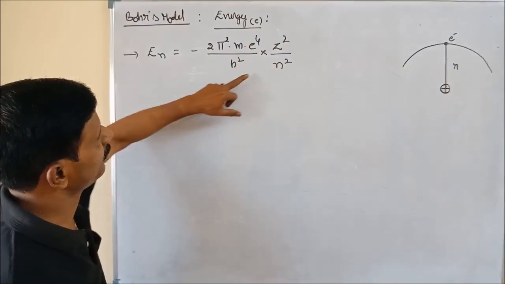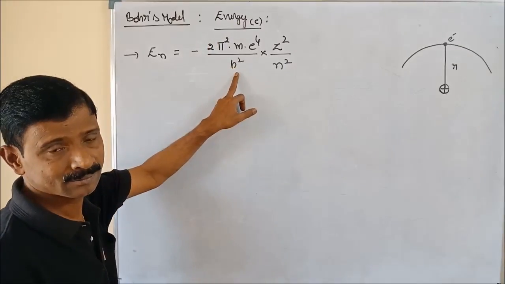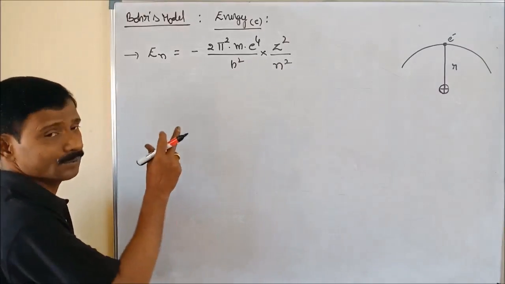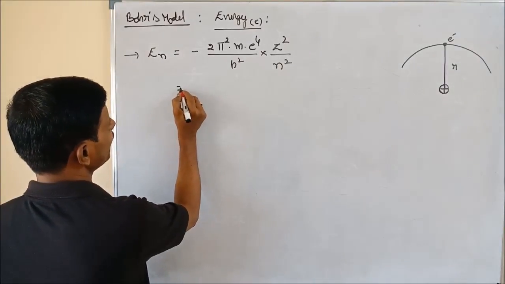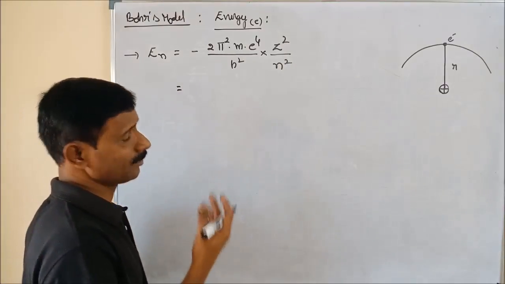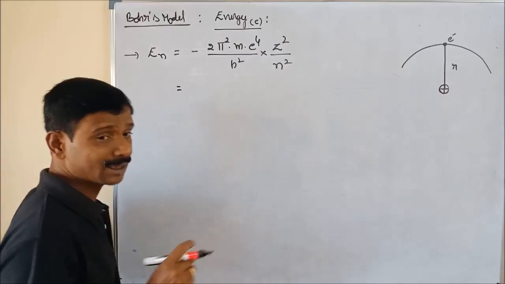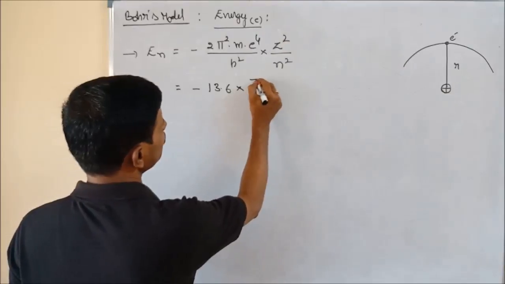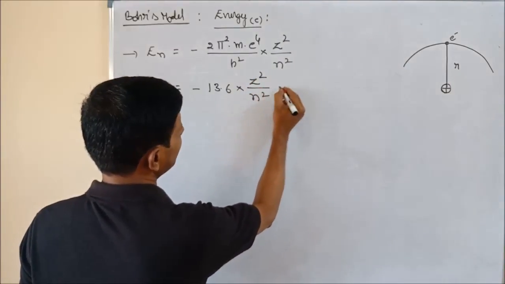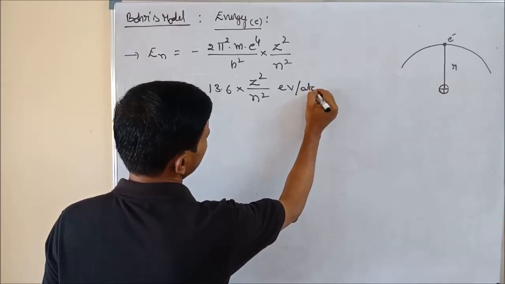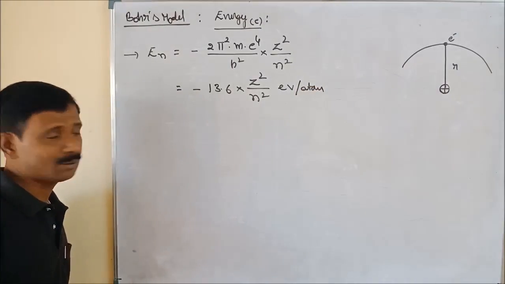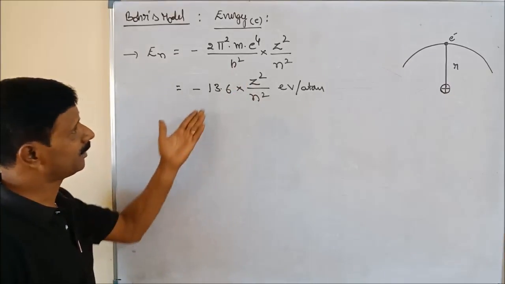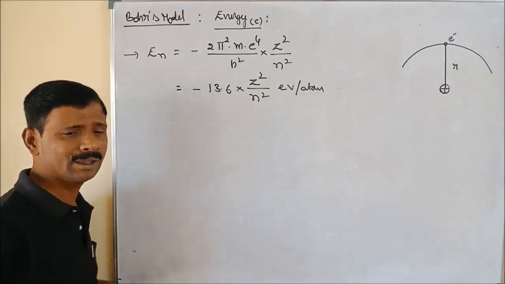Here, all these are constants for the electron. Now z and n are variables. If you substitute those constant values in different units, we get the formula in a different way. In electron volts, it becomes minus 13.6 into z square by n square electron volt per atom. That means if you know the number of the orbit and the atomic number of the element, by using this we can calculate the energy of the electron.